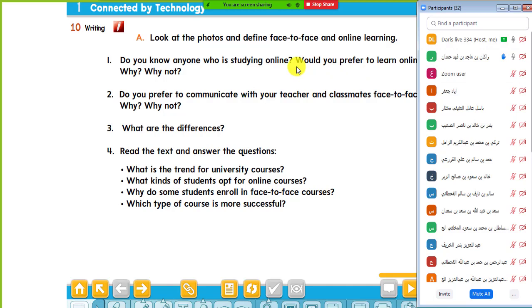Online. Okay. What kind of students opt for online courses? The kind of students who opt for, who prefer, online courses. Which kind or what kind of students prefer the online courses?